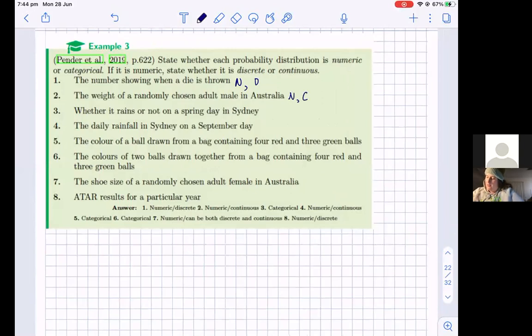Rains or not, we're not saying how much it rains, we're just saying if it rains or not, so that's categorical. Daily rainfall in Sydney, so this time it's numerical and discrete. Color of a ball, that's definitely categorical. Colors of two balls drawn together, that's definitely categorical.